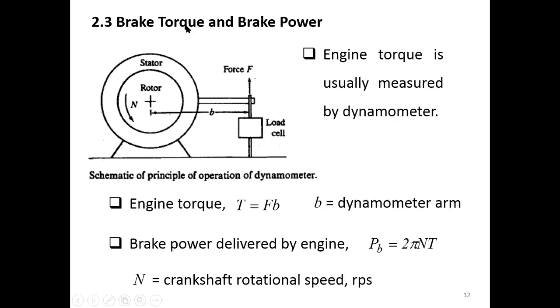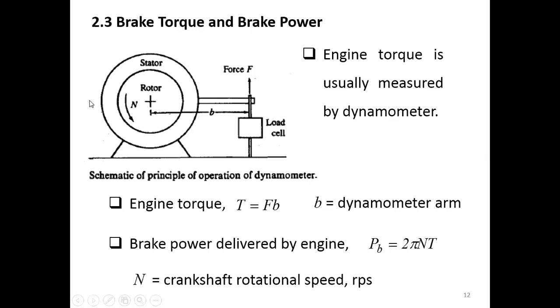So these two things are normally measured by a dynamometer, because they relate to each other. The dynamometer shown right here, we use it to measure the torque. And when we know the torque, then we can find out the power.